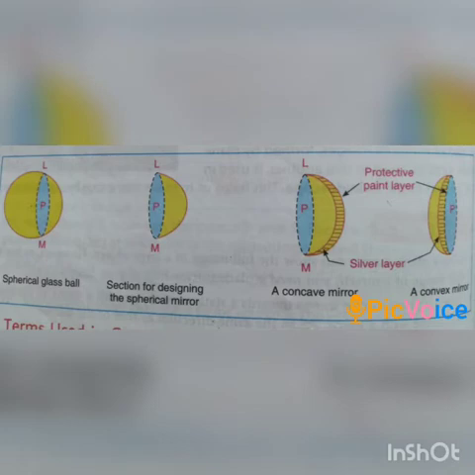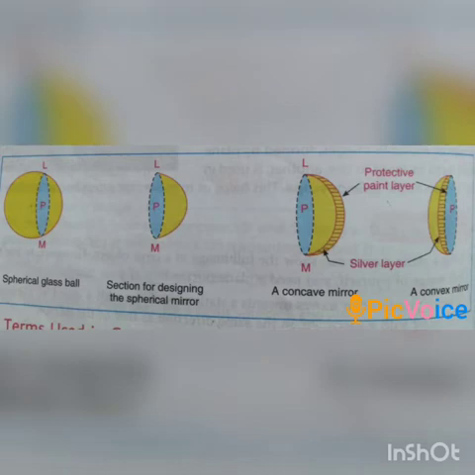Students, have you ever seen a large shining stainless steel serving spoon kept near our face? Our face may appear bigger or smaller than its normal size. It appears bigger when seen from one side of the spoon and smaller when seen from its other side.